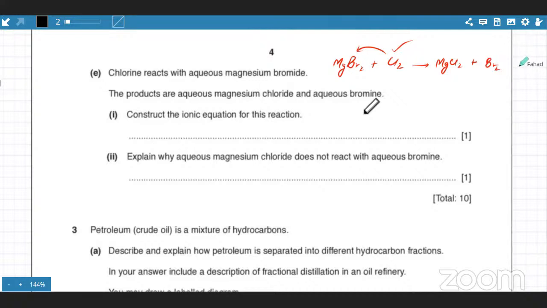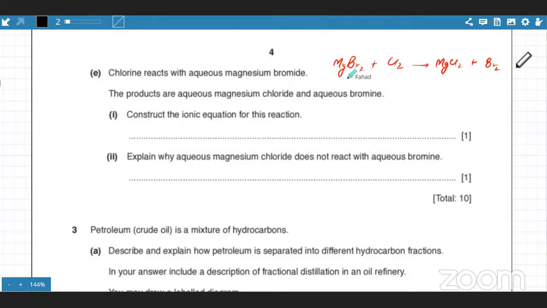Now, how do you write the ionic equation? Let's rub this off. This is the equation that's already been mentioned over here. Products are aqueous magnesium chloride, so it's MgCl2 and bromine. Anyways, how do you write the ionic equation?